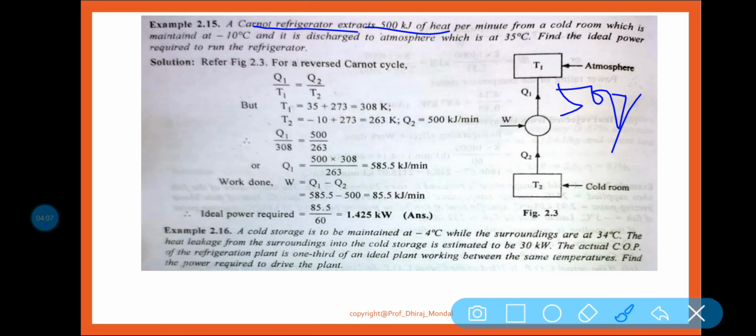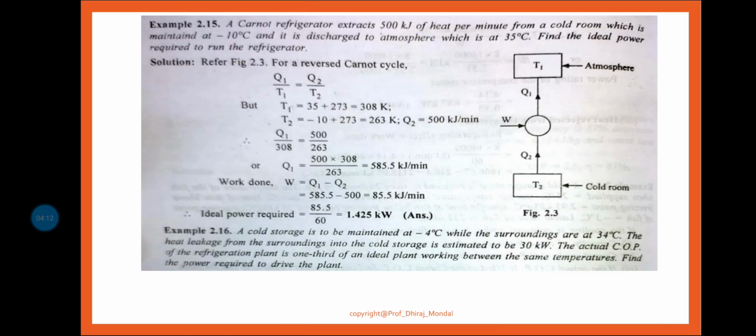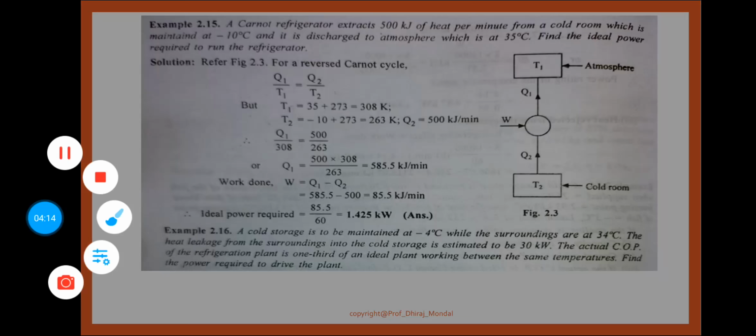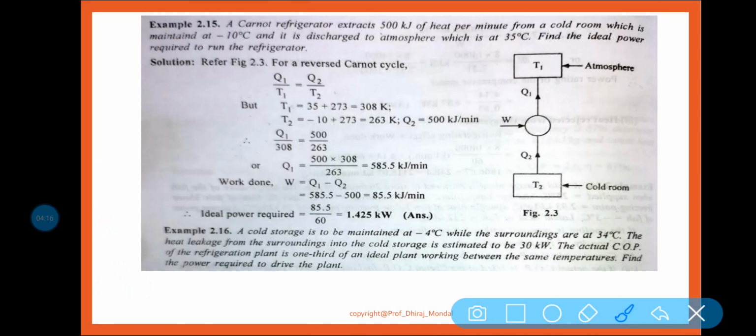It extracts 500 kilojoule per minute from a cold room which is maintained at minus 10 degrees centigrade. That means the room temperature is minus 10 degrees centigrade.